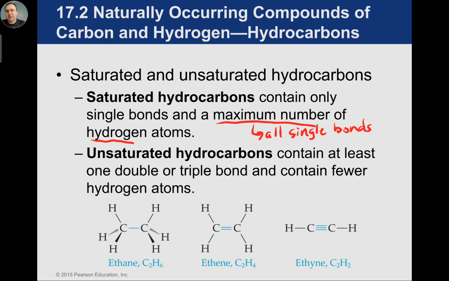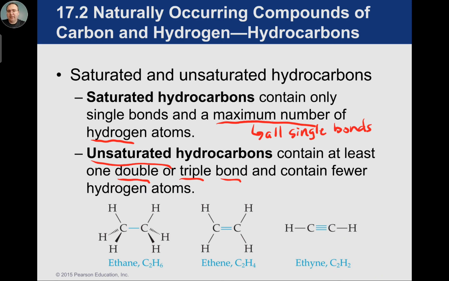Unsaturated just means you've lost some hydrogens. The easiest way to lose hydrogens is to share with carbon more in a double or a triple bond. So if you're bonding to carbon, you're not bonding to hydrogen. And that's what happens for double and triple bonds when they bond to carbon twice or bond to carbon 3 times. That's at the expense of hydrogen atoms.